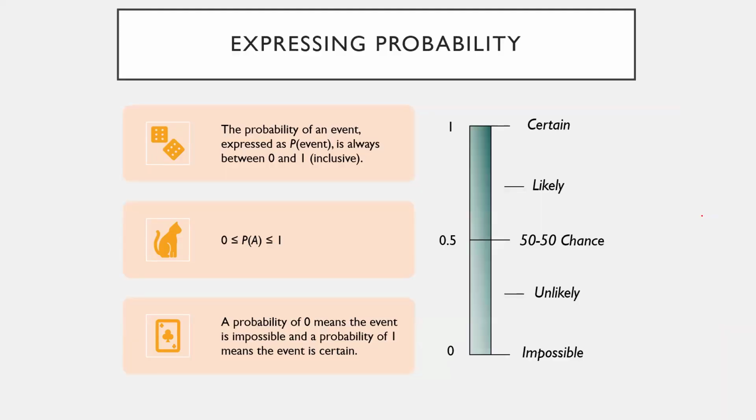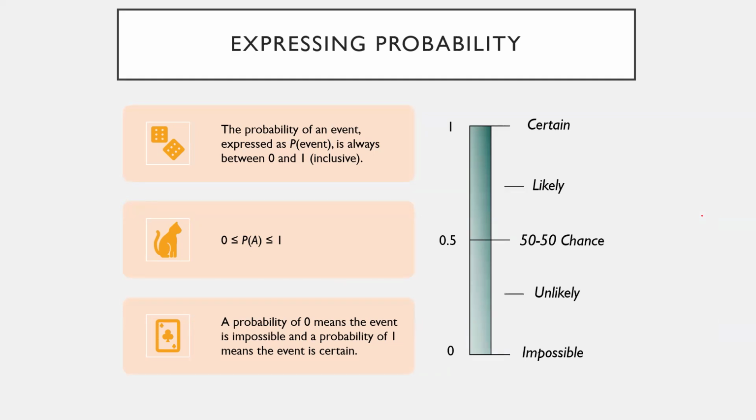Some other aspects. Probability is anywhere between certain and impossible. So a probability of 0 means an event is impossible. It cannot happen, okay? If the probability I'm going to get heads by rolling a six-sided dice, well, I'm rolling a six-sided dice.